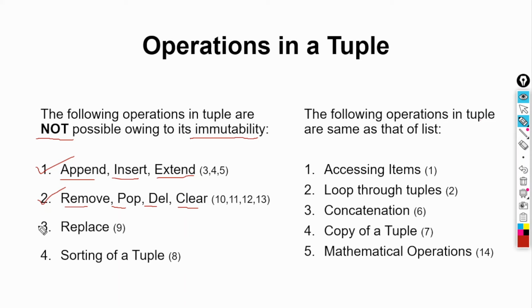Again, replacing any elements cannot be performed by a tuple. Also, a tuple cannot perform any sorting operations. Other than that, accessing an item, looping through tuples, concatenation of tuples, copy of a tuple, and different mathematical operations can all be easily performed using a tuple.